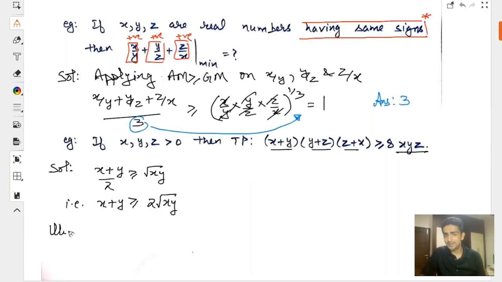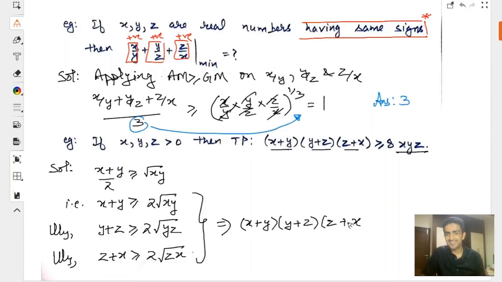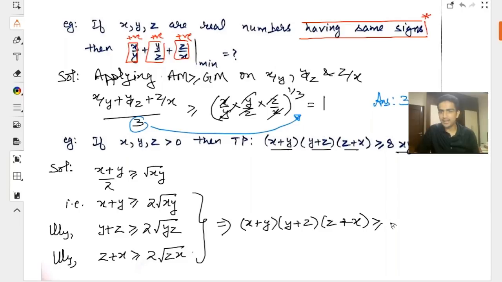And you get what you wanted. It is greater than or equal to 2 into 2 into 2, 8 into root x becomes x, root y becomes y, similarly z. That's all. Simple.